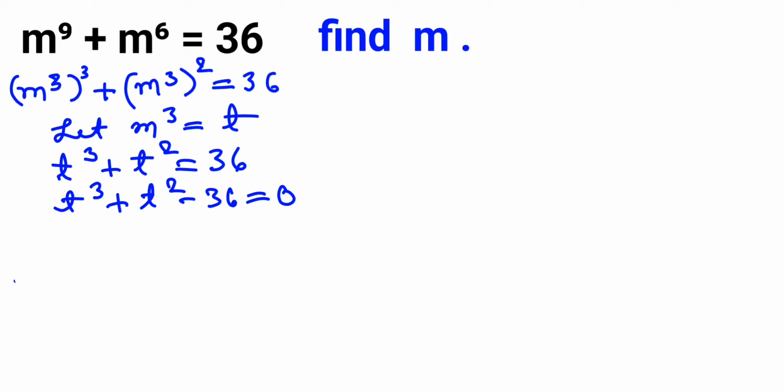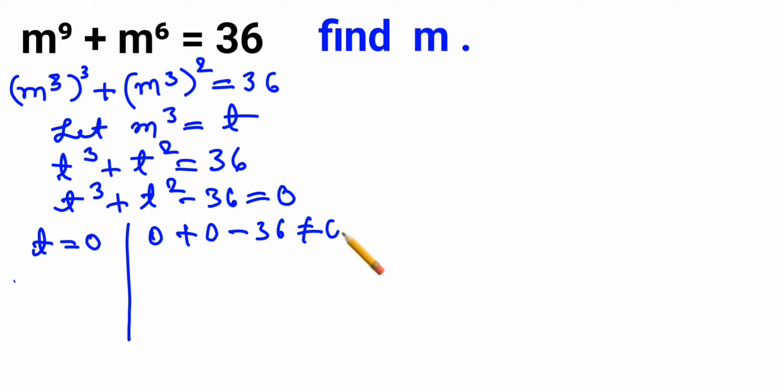Next we factorize the equation by the remainder theorem. So let t equal to 0, then our equation will be 0 plus 0 minus 36 is not equal to 0. Next we apply t equal to 1, then 1 plus 1 minus 36 is not equal to 0.